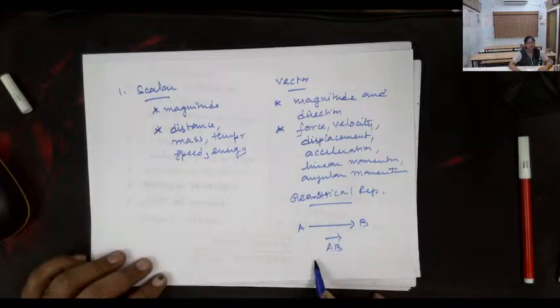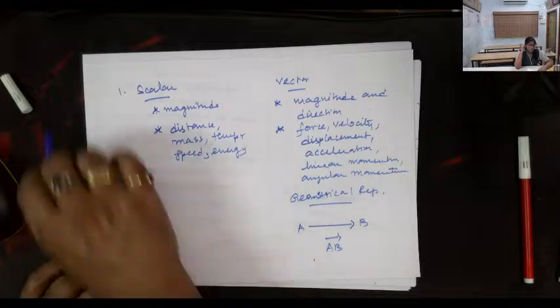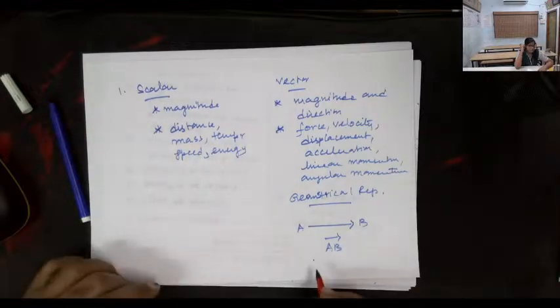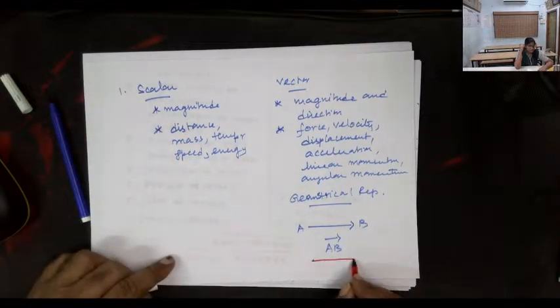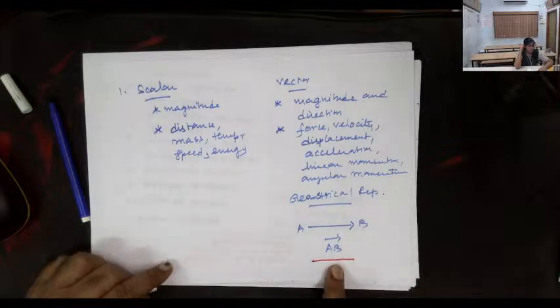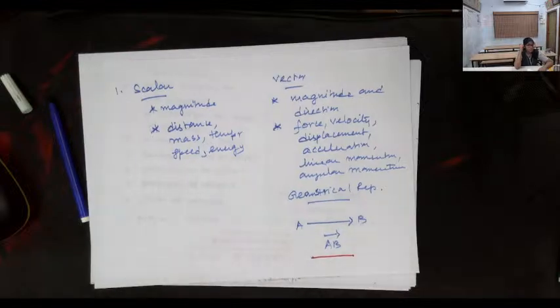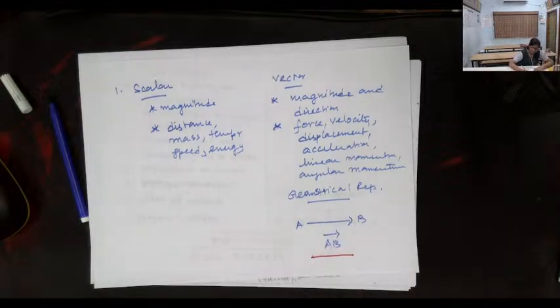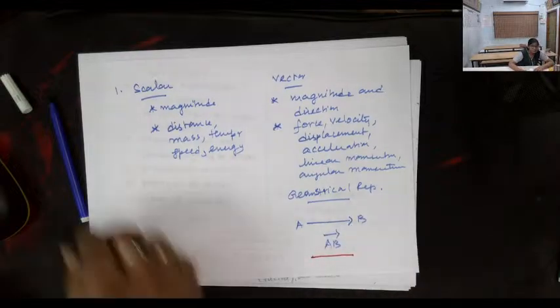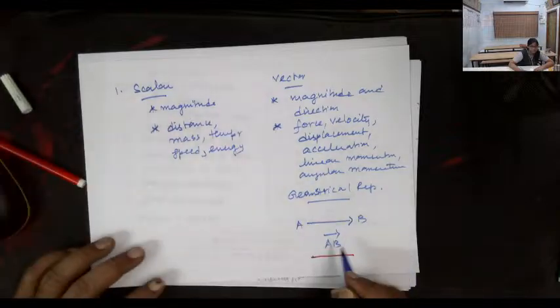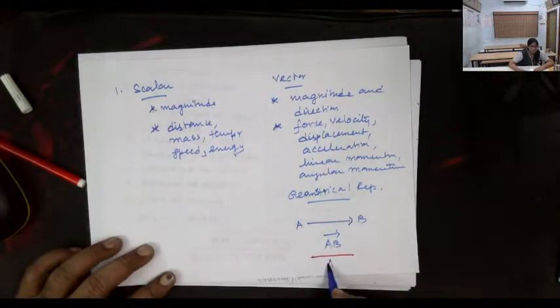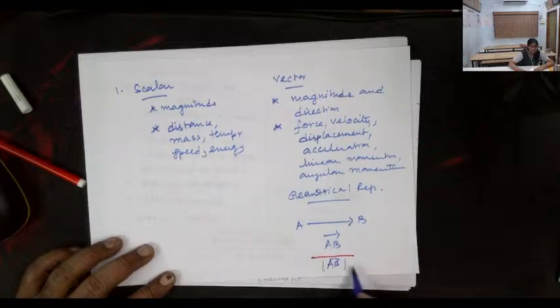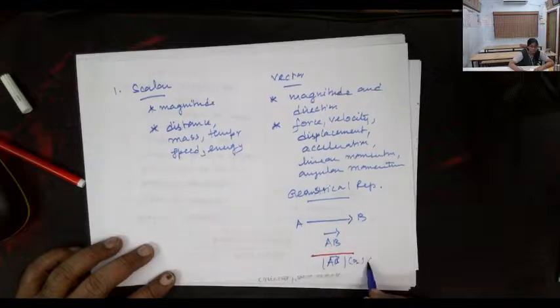And this is a vector. The magnitude part is this much. Here you cannot find any arrow mark, so it's only a magnitude. So this is vector, this is magnitude of vector. In fact, this is represented by AB vector modulus, or you can call it AB.